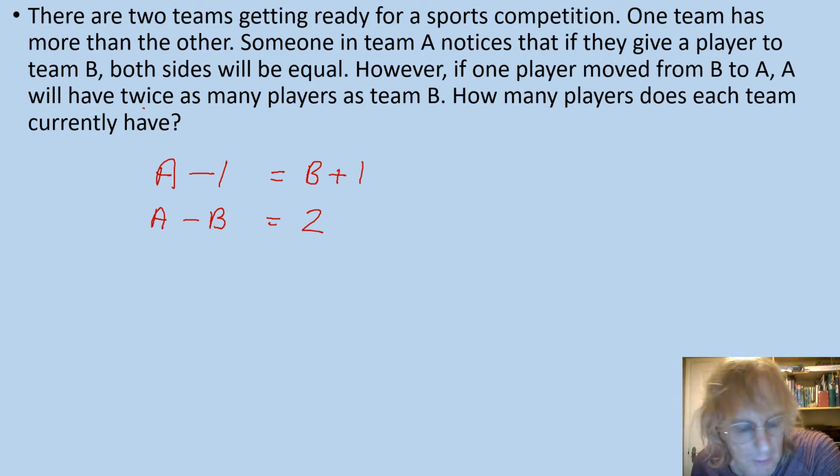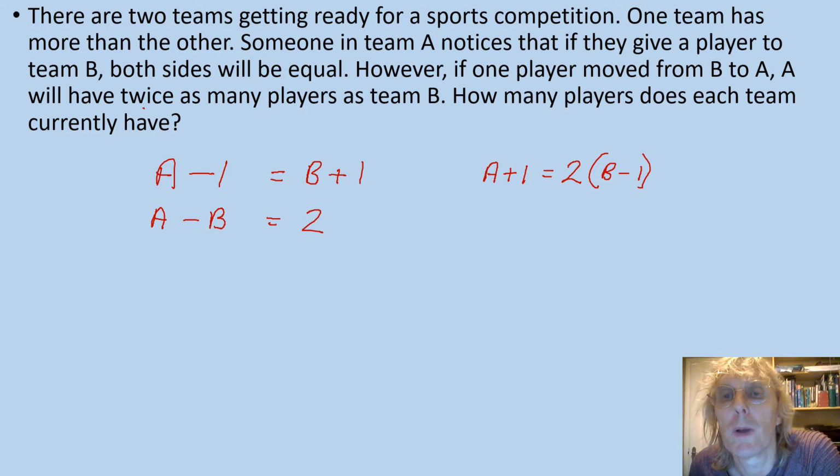Our second equation is a little bit more complicated. So this time, again, we've got A plus 1 because they're going to be gaining a player, and that's going to equal 2 times B minus 1 because they're losing the player.